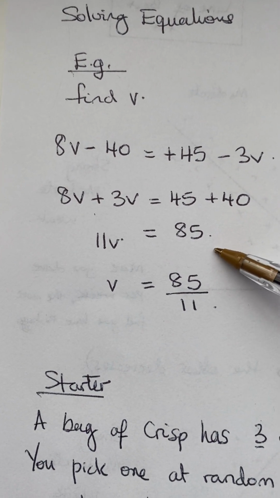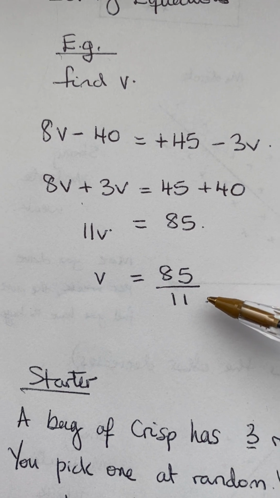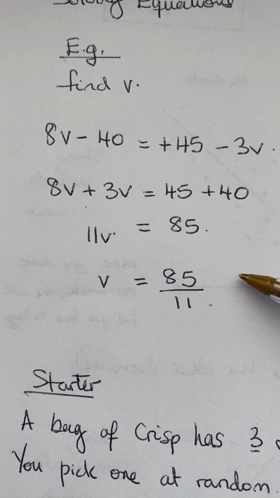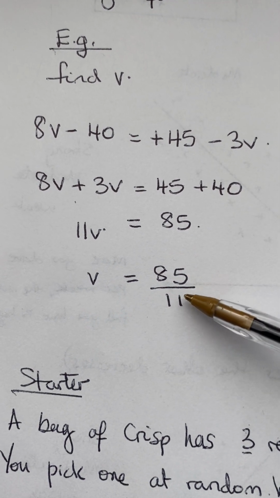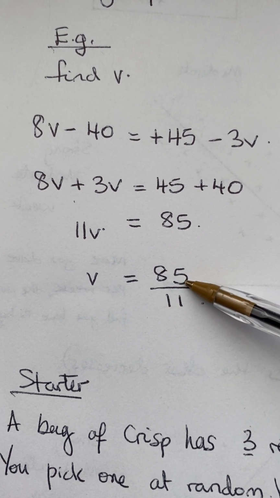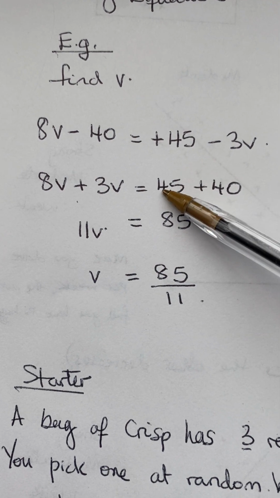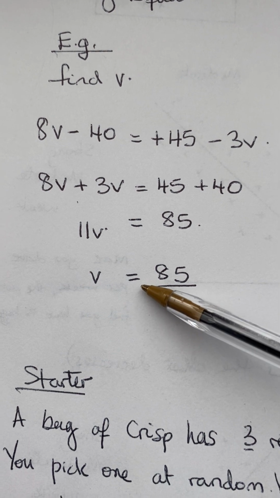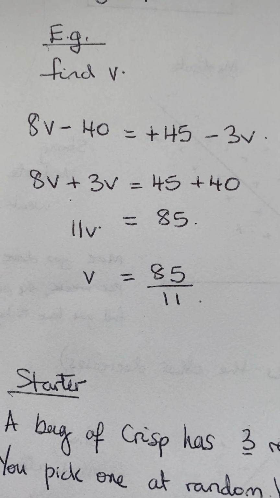And I said to you, if you're on a calculator paper, you can leave your answer as a decimal or a mixed number. But I will just leave my answer like this, because if this is the first part of a question, it means at another time you might have to use v and substitute somewhere.